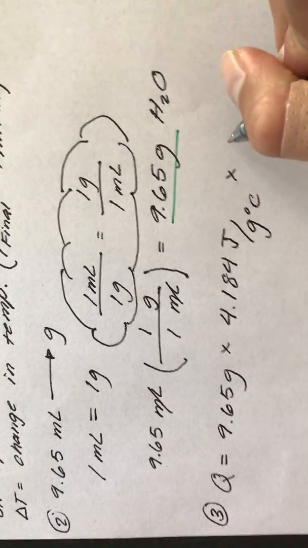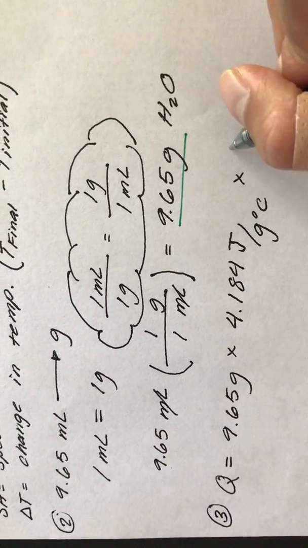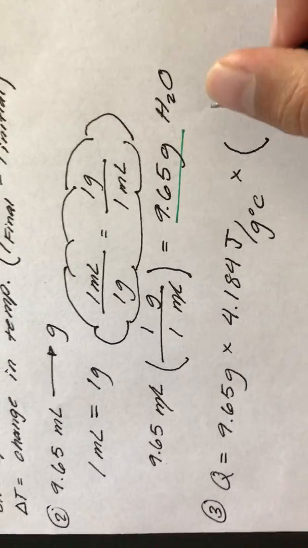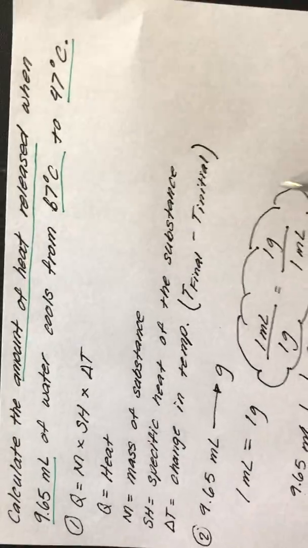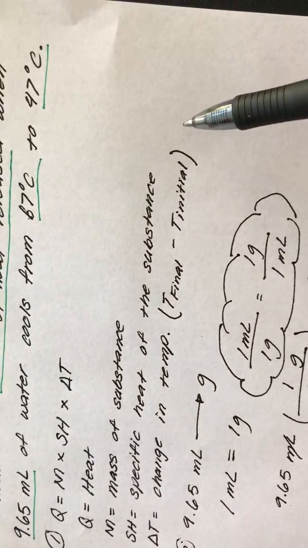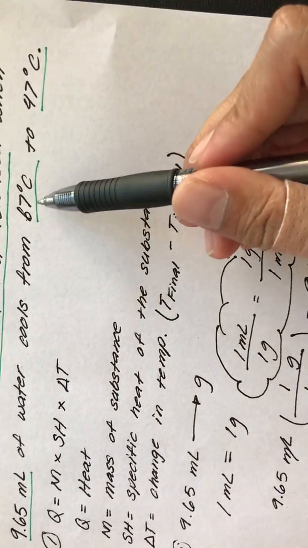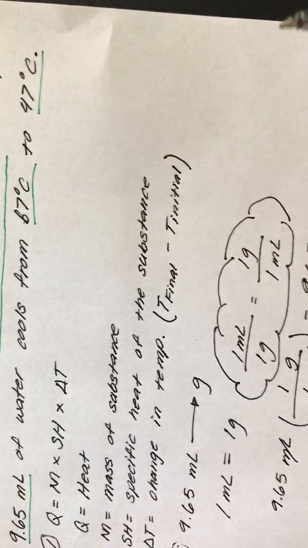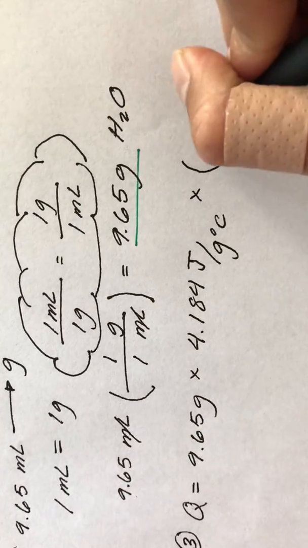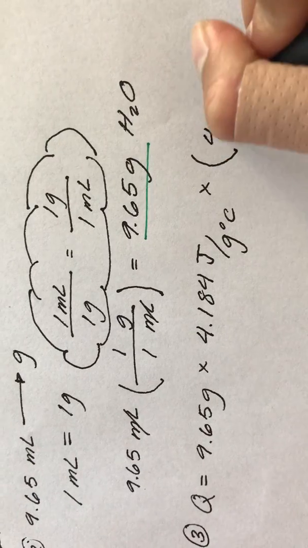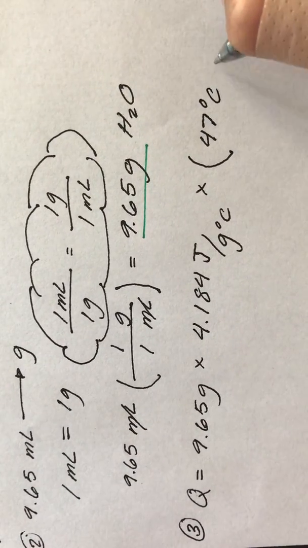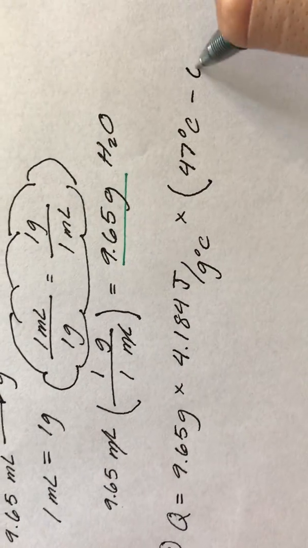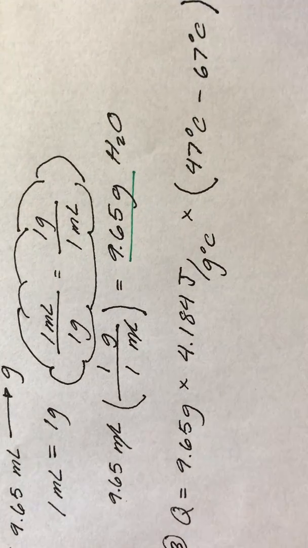Then times T final, which in this case is 47 degrees Celsius minus 67 degrees Celsius, which is our initial.